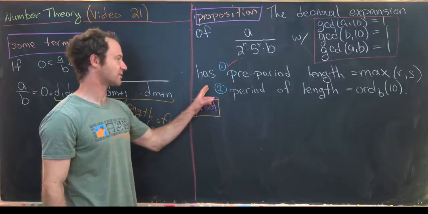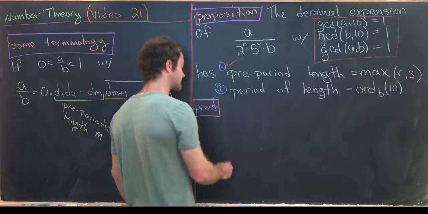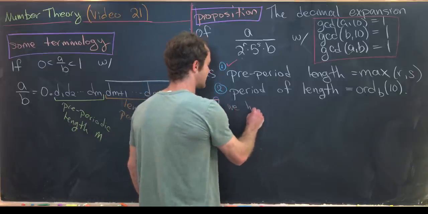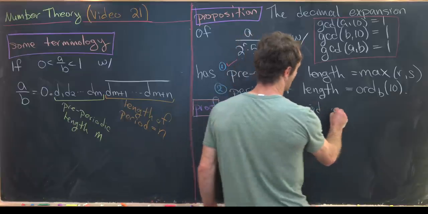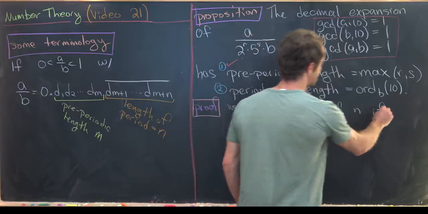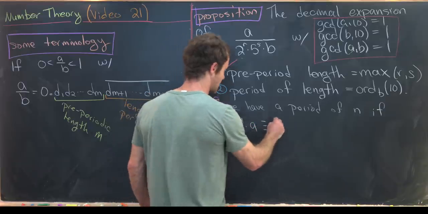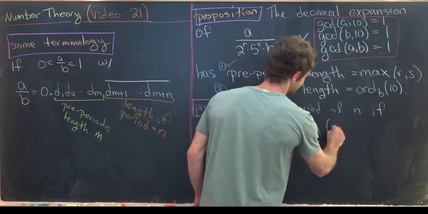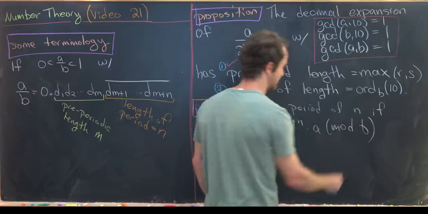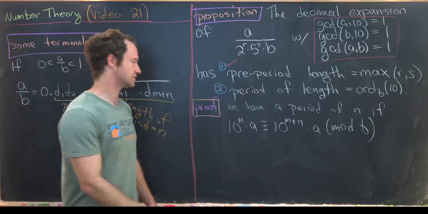Okay, so let's maybe firm up the proof of this second thing. From the previous proof, we have a period of n if we had 10 to the m times a was congruent to 10 to the m plus n times a modulo b. That's just a step which has been plucked out of the last proof.